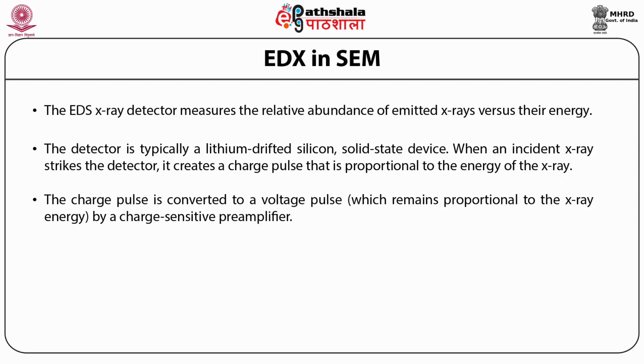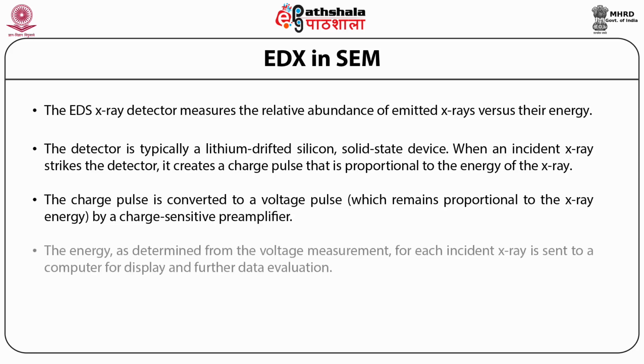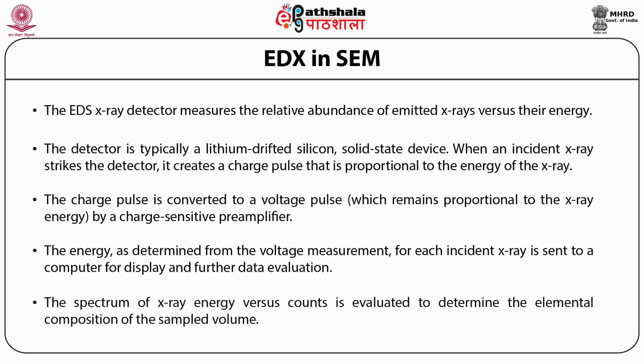The signal is then sent to a multi-channel analyzer where the pulses are sorted by voltage. The energy as determined from the voltage measurement for each incident X-ray is sent to a computer for display and further evaluation of the data. The spectrum of X-ray energy versus counts is evaluated to determine the elemental composition of the sampled volume.